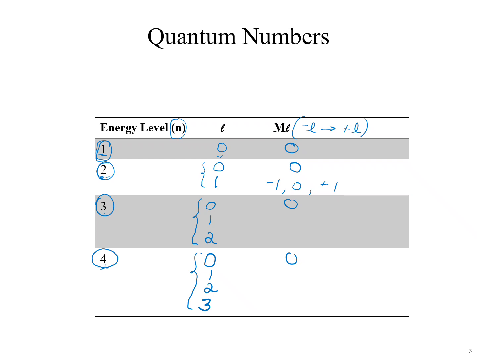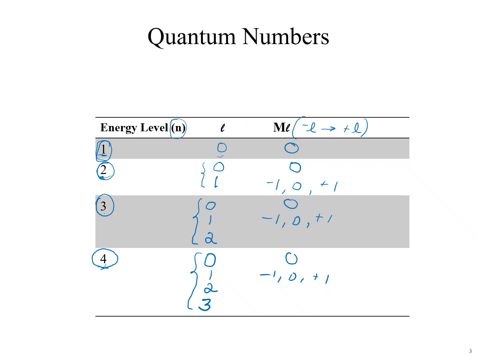So I'm starting at negative 1 because the numerical value of L is 1. So from minus L, which is 1, all the way to plus L, which is positive 1. So in the table, anywhere that you have 1 as the value of L, the values of m sub L are going to be exactly the same.